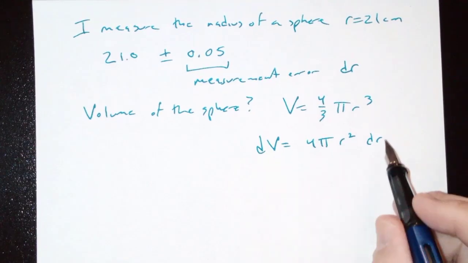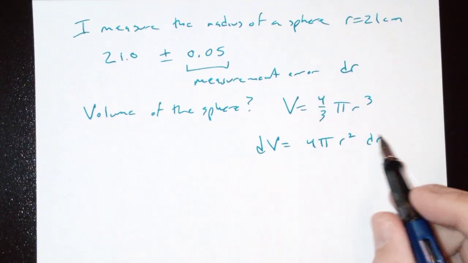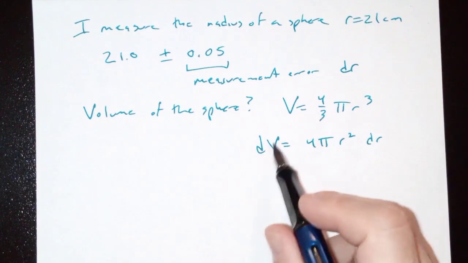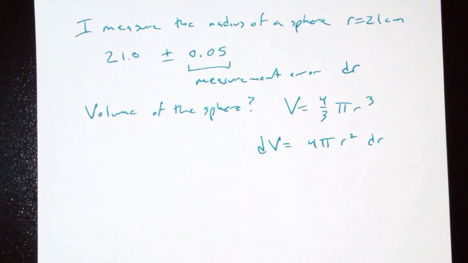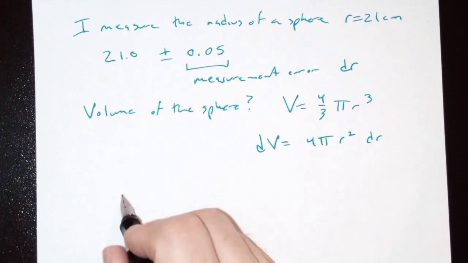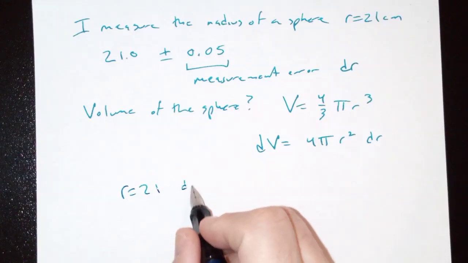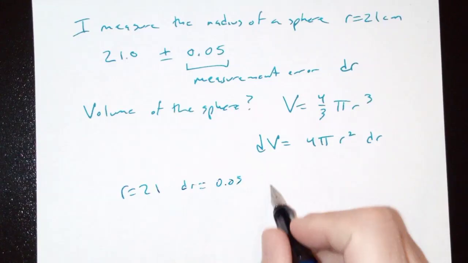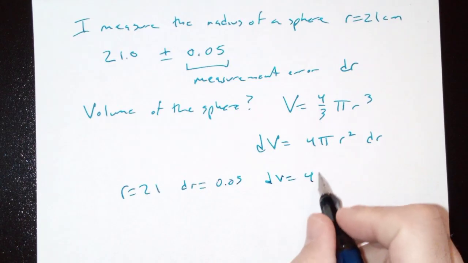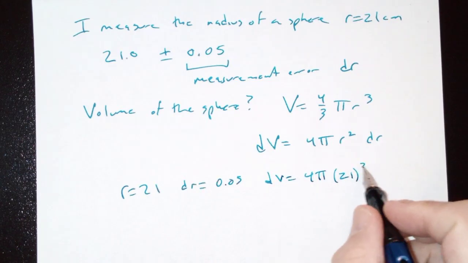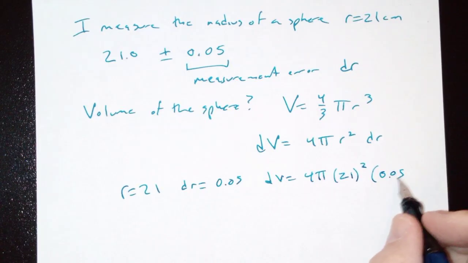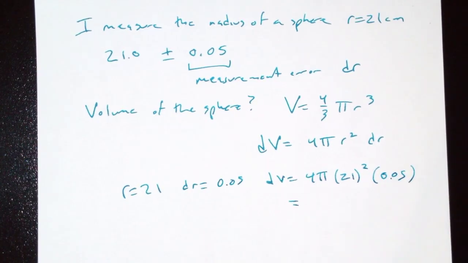But this would tell me if you know how much your radius changes, you can tell me how much the volume would change. So if I use r equals 21 and dr equals 0.05, then dV is 4 pi times 21 squared times 0.05. What do you get?